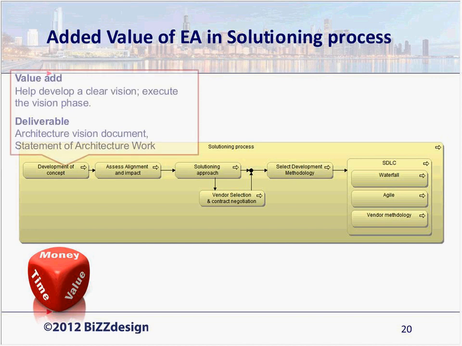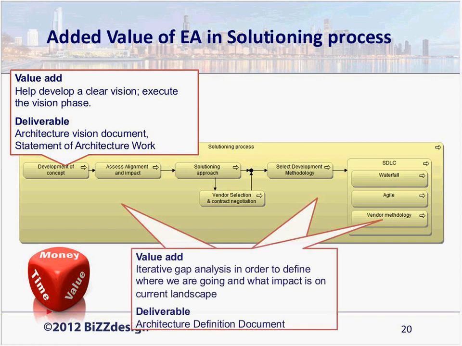So, we were talking about having to develop a clear vision. We had a deliverable, the architecture vision document, and the statement of architecture work. Then the impact analysis, with iterative gap analysis to define where the impact is in the current landscape.